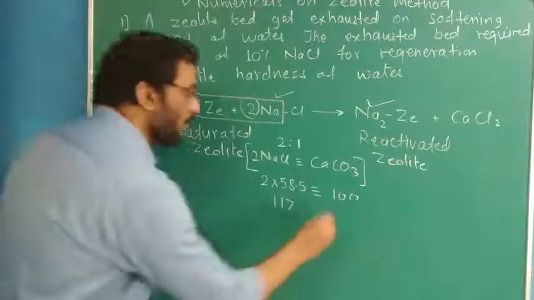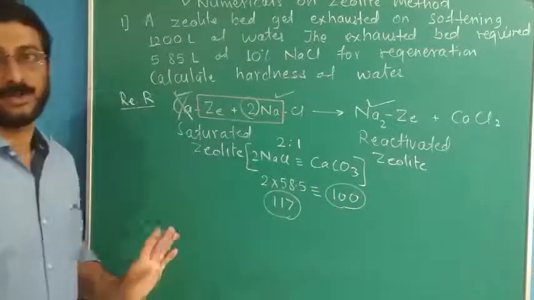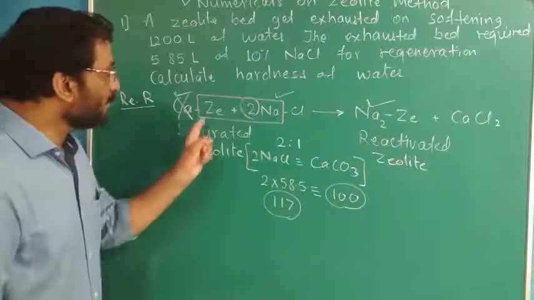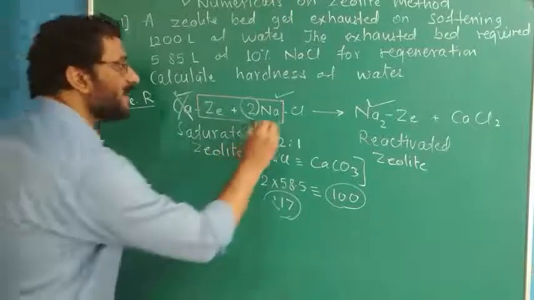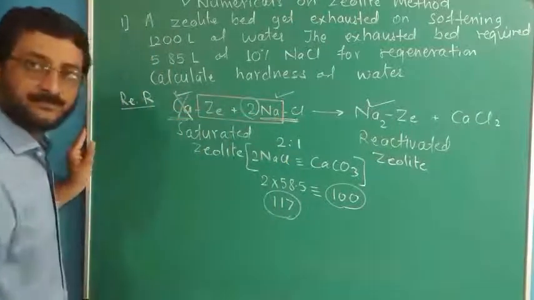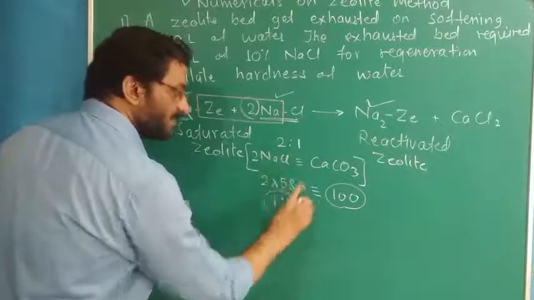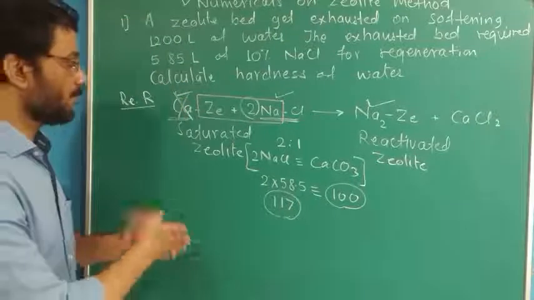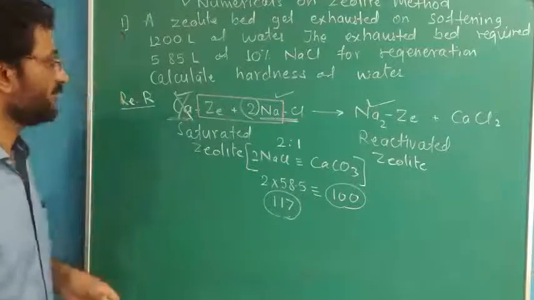So for removing this much hardness, this much NaCl is required. From the reaction we can make a statement as if this NaCl is removing the hardness, in this proportion, actually the 2:1 proportion.